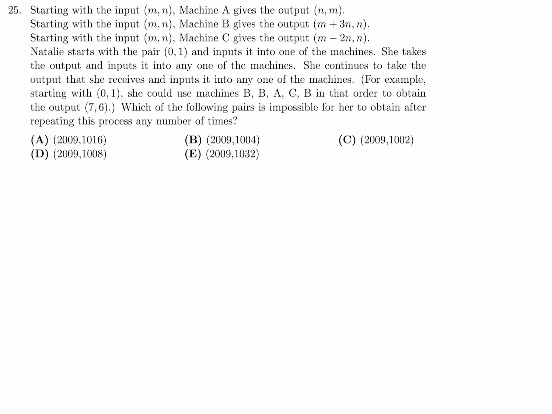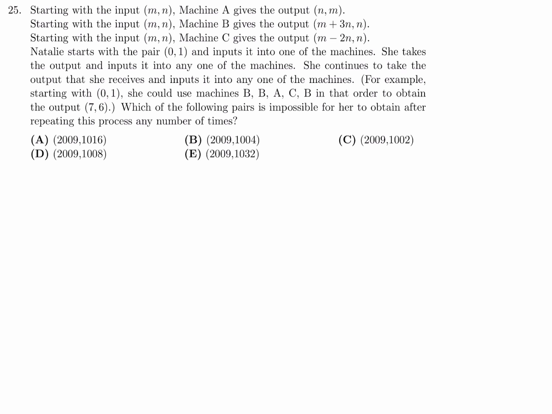She takes the output and inputs it into any of the other machines. She continues to take the output that she receives and inputs it into any one of the machines. For example, starting with (0, 1), she could use machines B, B, A, C, B in that order to obtain the output (7, 6). Which of the following pairs is impossible for her to obtain after repeating this process any number of times?